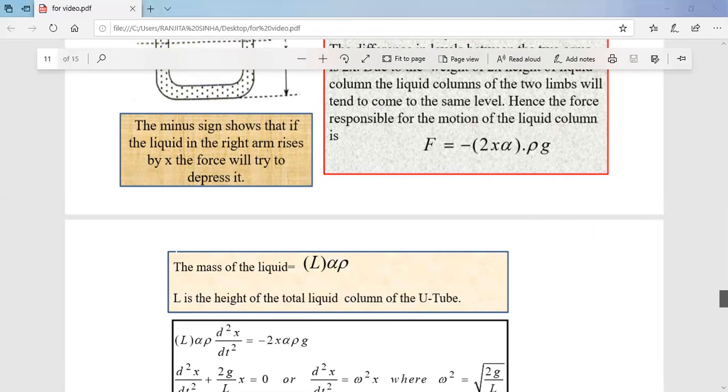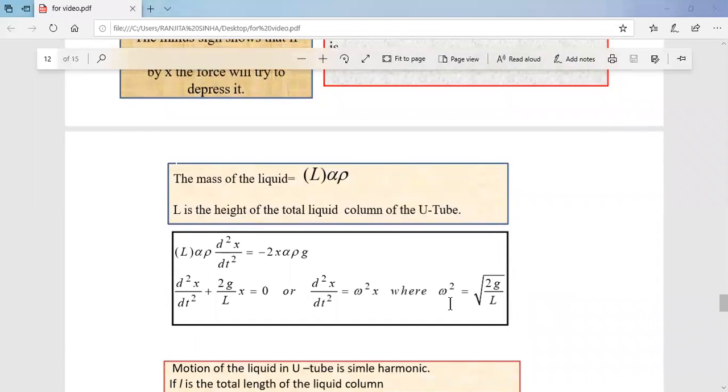If we calculate, we get omega square equal to 2g by L. So d2x by dt square plus omega square x equal to 0. This is the equation of SHM.